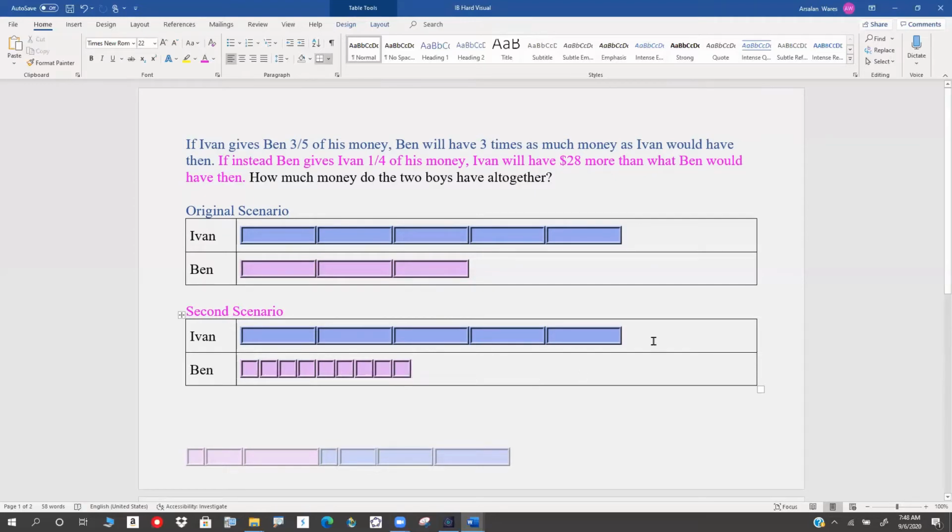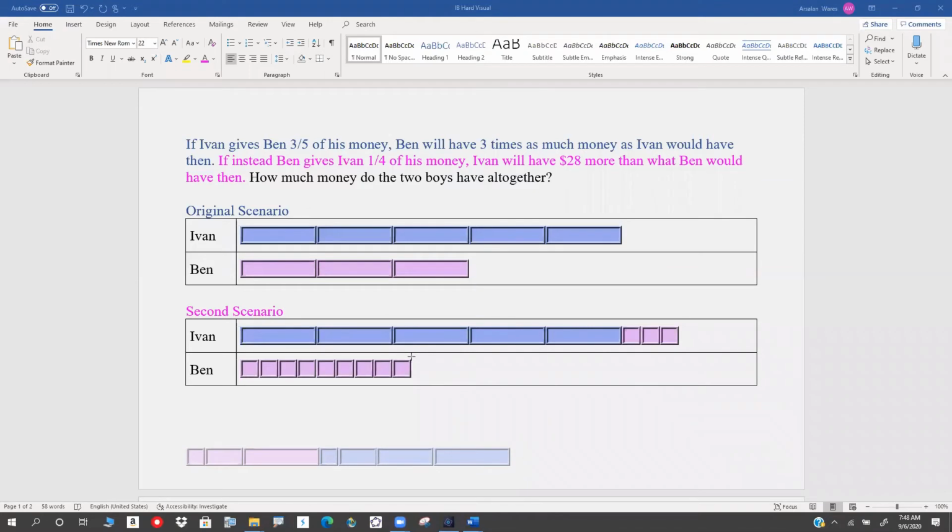Cut and paste. Now that's nice, and we can do that because we are transferring a quarter of Ben's money to Ivan. According to the question, Ivan now has $28 more. So let's see how we can describe it.